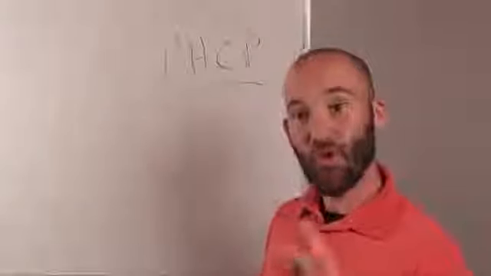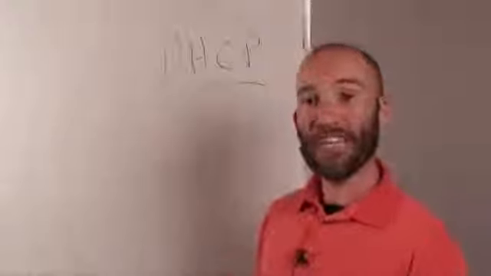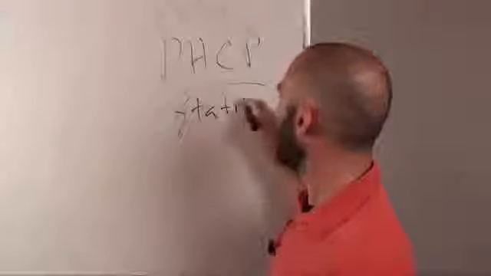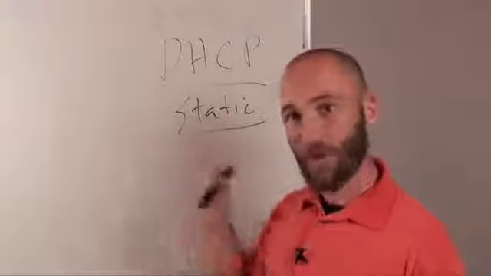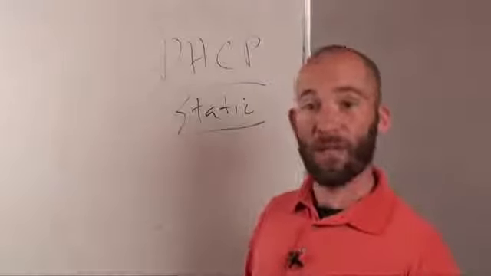So there are two ways you can give this information to the computer. The first is by giving your computer what is called a static IP address. What this means is you sit down at your computer or the device and you plug in all of the information manually.